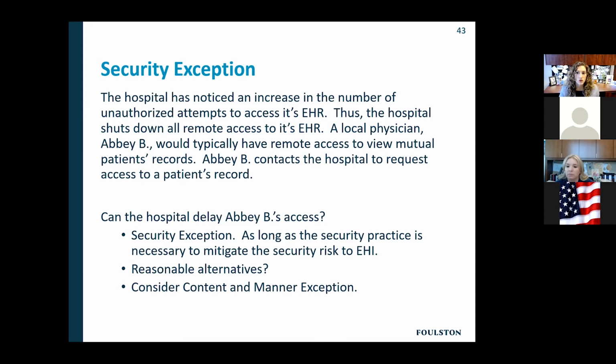So the idea behind the security exception is that it will potentially evolve over time. You're going to need to either grant Abby access back, maybe give her a different remote login if there were issues there, and really look at that delay or denial of access over time.